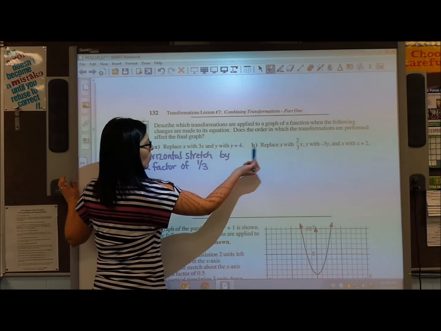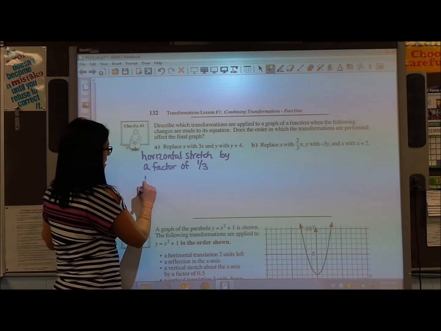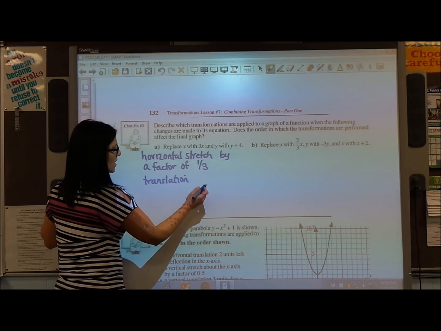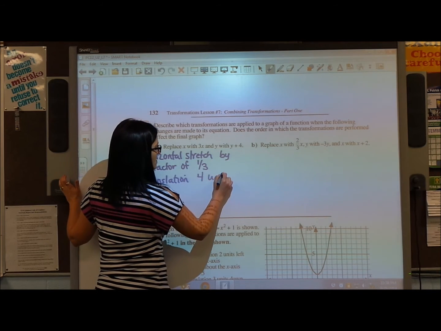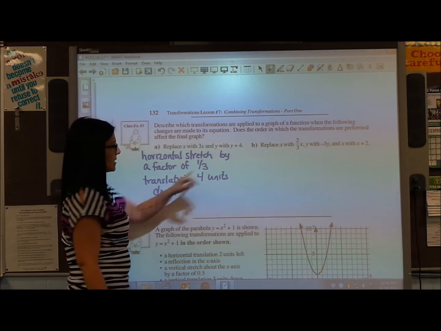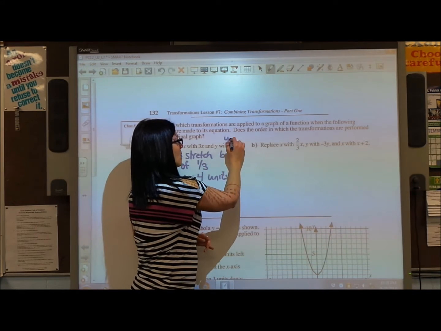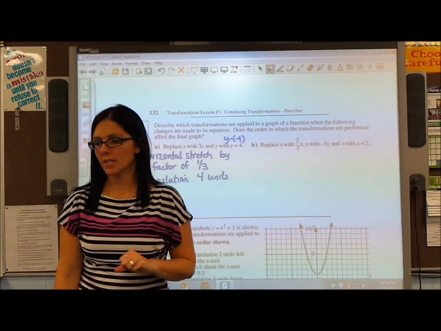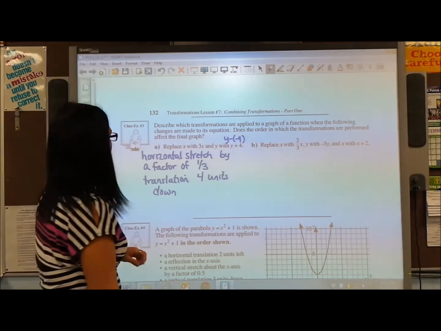And then when I replace y with a y plus 4, I will have a translation of 4 units down, because this was actually a y minus -4. So that's what prompts it to move down.